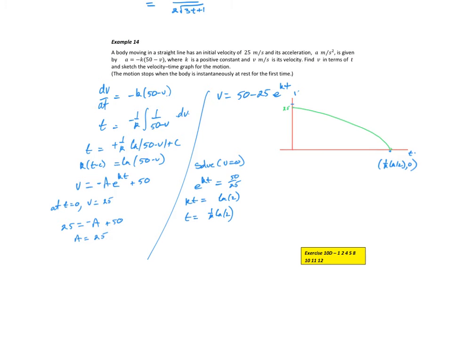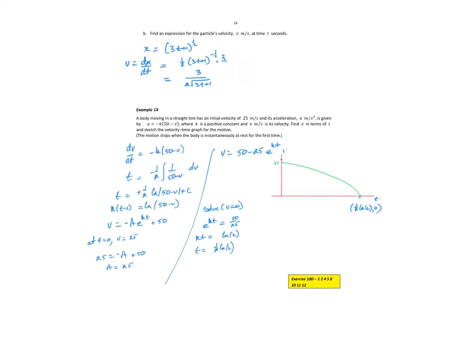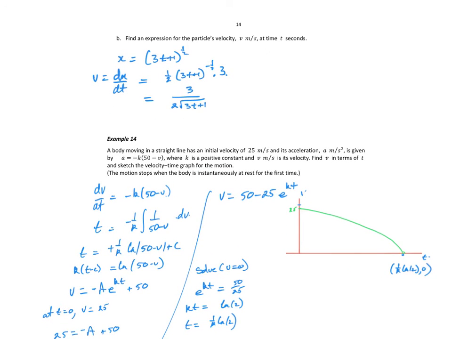Then the next part of that goes on to talk about finding an expression for the particle's velocity. So in other words, I need v, which is dx/dt. So if I've got x equals, I'm going to differentiate that expression with respect to t to get v in terms of t.